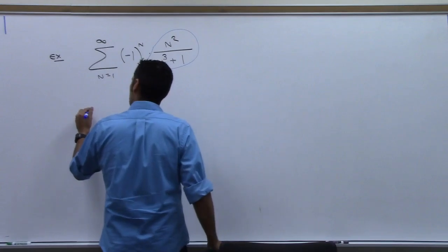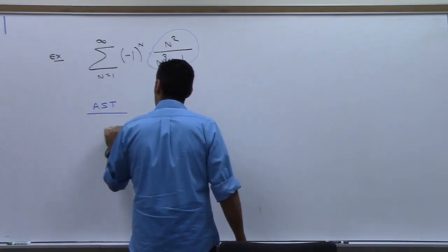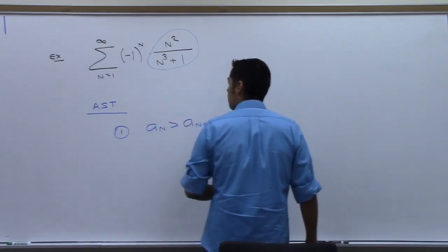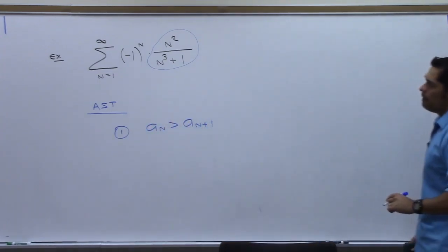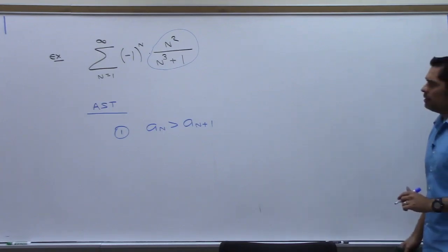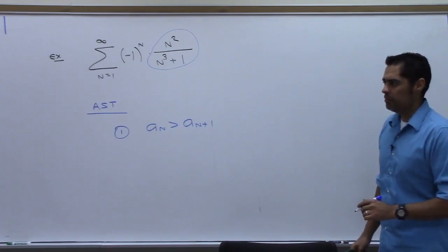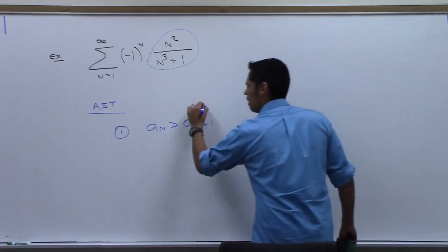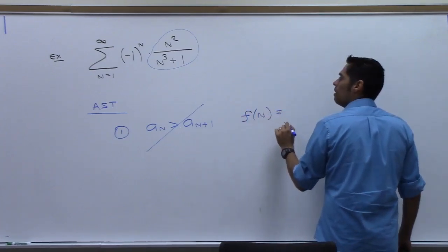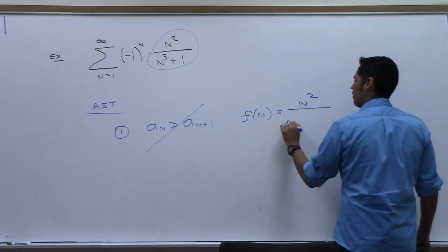So I'm going to go with the alternating series test, 2 conditions. Let's show the decreasing first, because we already know it's going to go to 0 when we take a limit. You want to set up the inequality here? I don't. I just want to do a derivative. I'm going to define my function f of n to be just the part we're interested in.